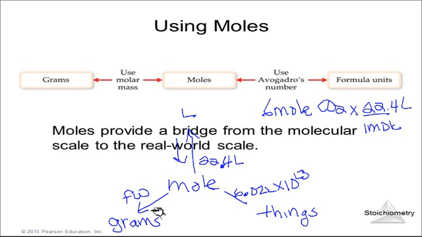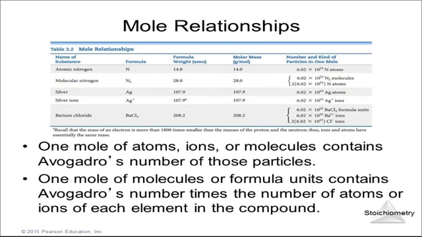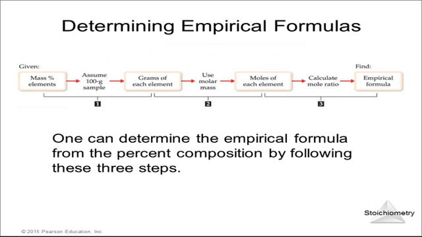So all of these definitions can go both ways using that same definition of the mole. This is simply saying the relationship between moles and different things, same thing I just said on that map.